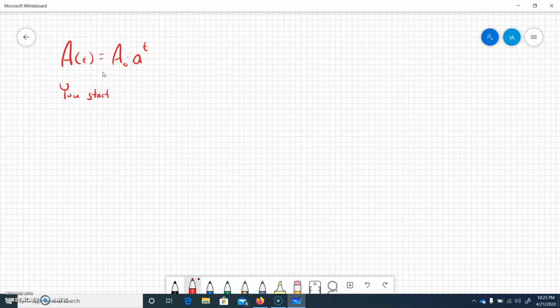You start with 700 cells and you give it some type of medication, and in 6 hours you have, let's say a nice number, 50 cells left. So if you're assuming this is an exponential decay problem, we can write our function.